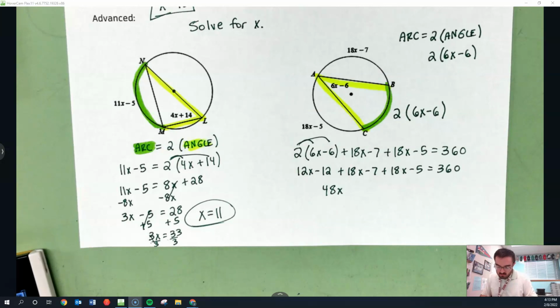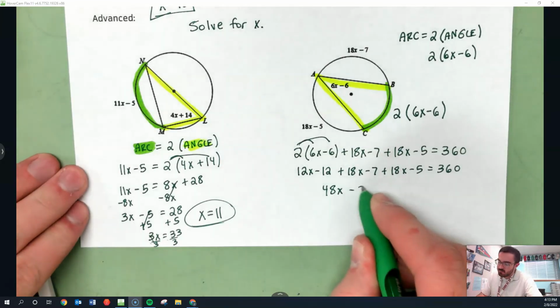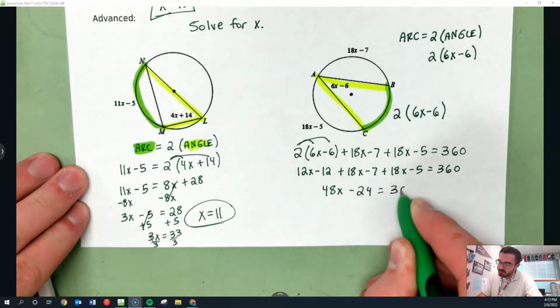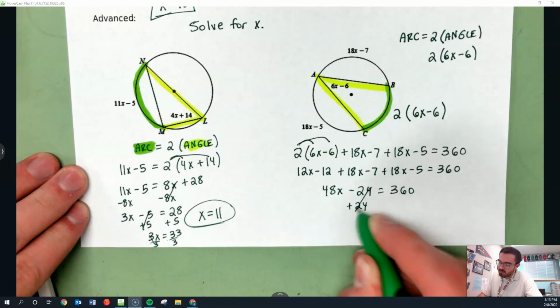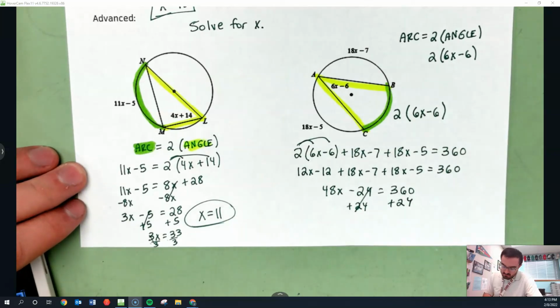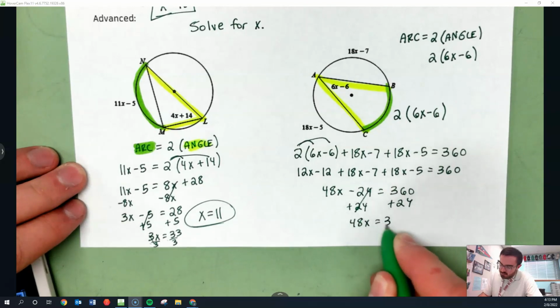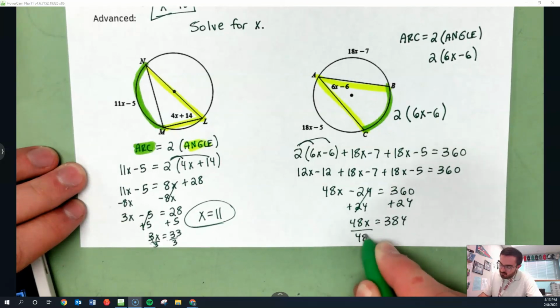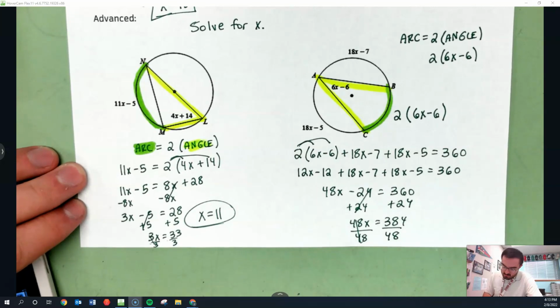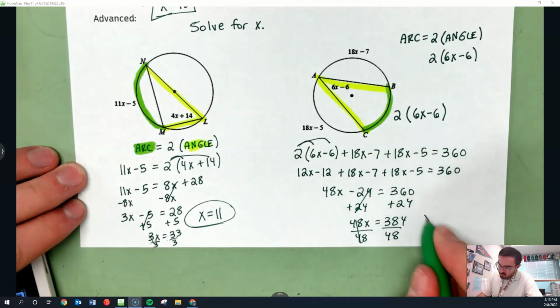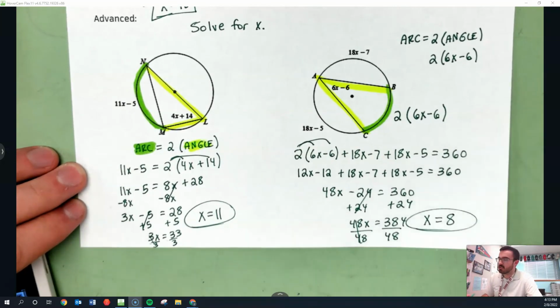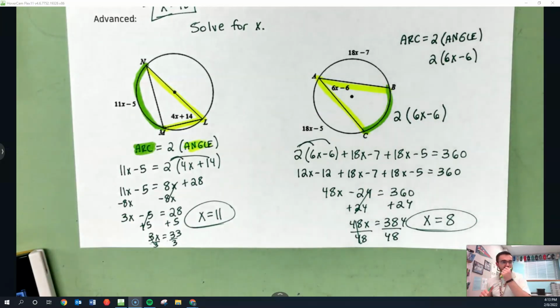I believe that is negative 24 equals 360. Plus 24. 48x equals 384. X equals 8.